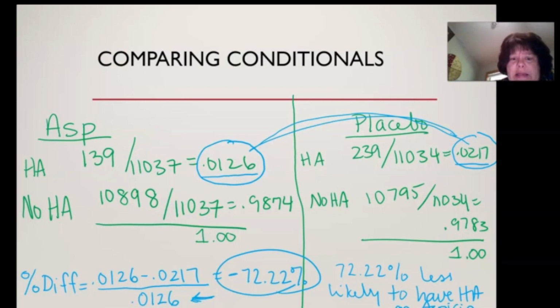You have to put it into context. When you do this percentage difference, the magnitude goes away. What goes away is the fact that both of these numbers are very small. So the 72.22% might seem a little misleading, but it is true.